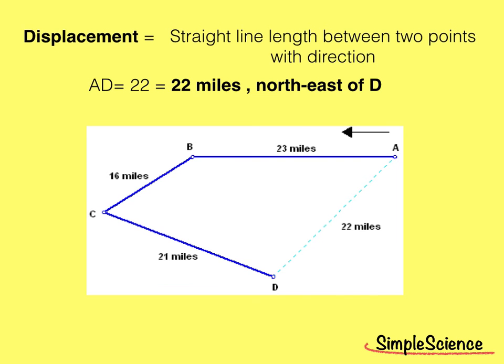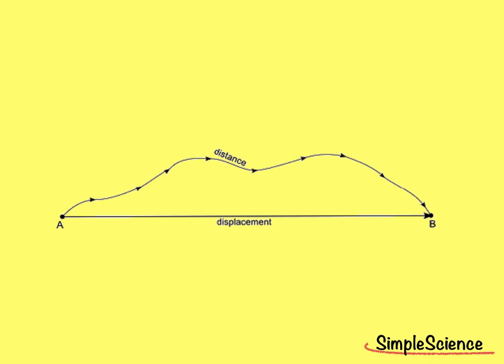And here is a simple image to simply explain this. An object will travel from A to B following the curvy, weird, long, and very treacherous path of A to B shown by the curve.